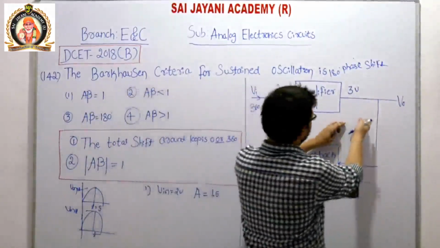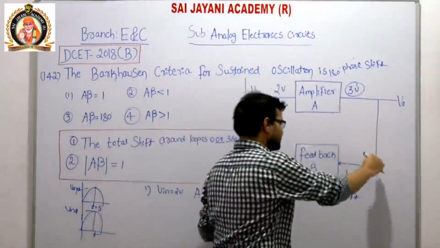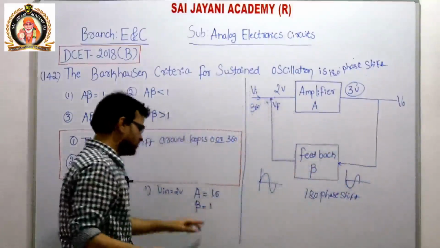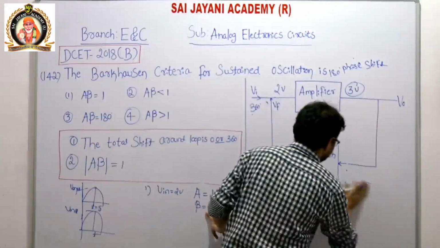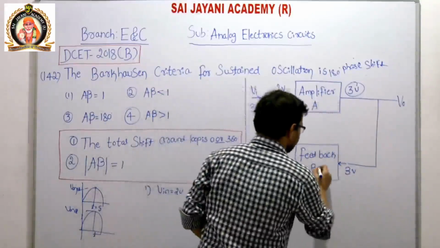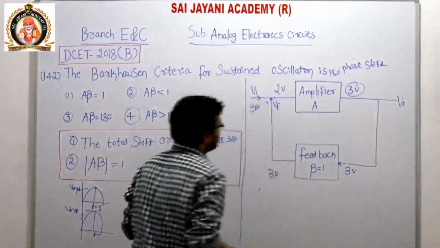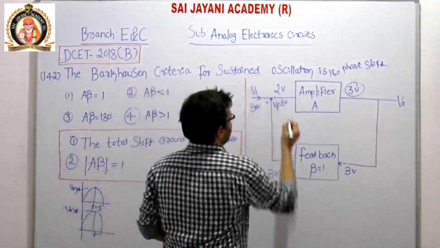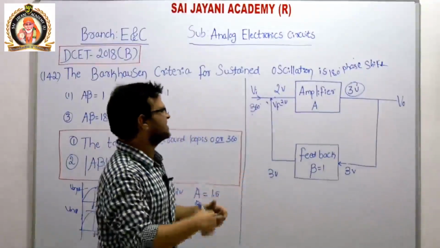That 3 volt signal is fed back to the feedback circuit. If you consider beta equal to 1, then at the output of the feedback circuit you get 3 volts. You are giving 2 volts and the feedback signal is 3 volts. That means the amplitude of the signal is increasing.